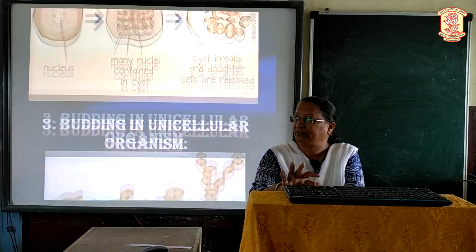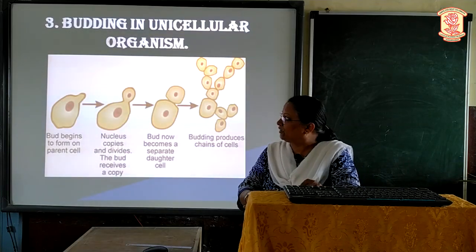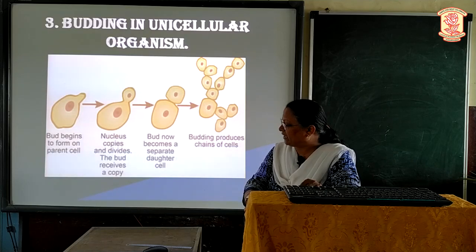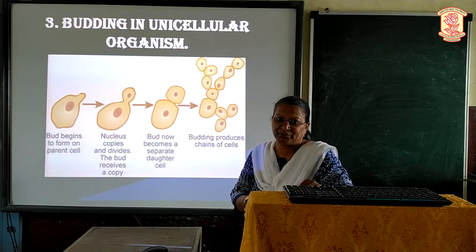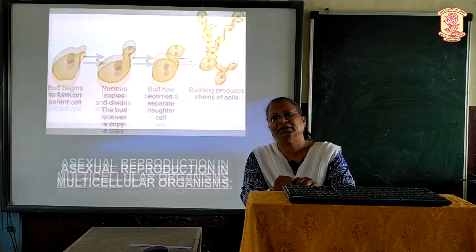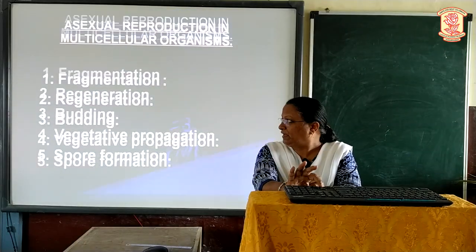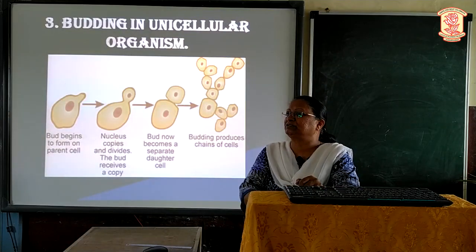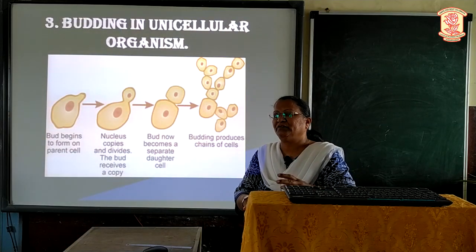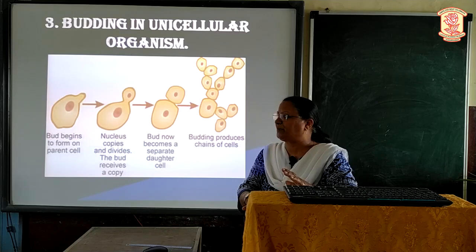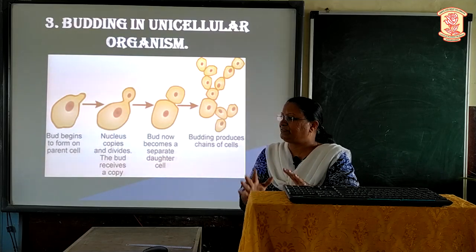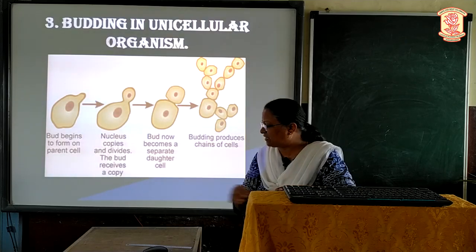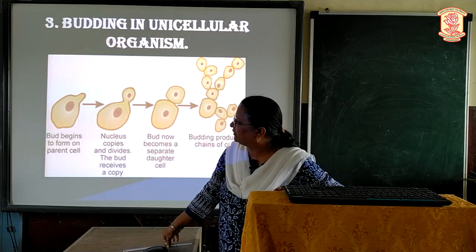Now the third method in unicellular organisms is budding. In this case, we take the example of yeast. You must have heard about this word yeast. You very well know this yeast is being used in bread or even in cakes or to ferment a particular product. Now when this yeast is soaked for a longer time, it develops an elongation which looks like that of a bulb.